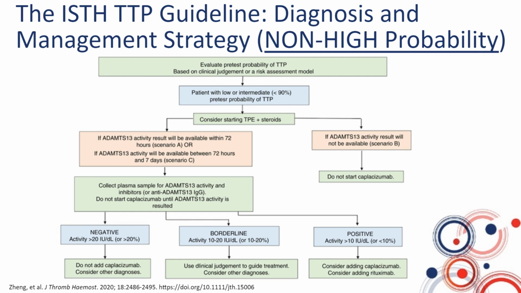If the level of ADAMTS13 is low, then you are allowed to add caplacizumab to the treatment that I was mentioning. But if you are in a center that there is no possibility to have ADAMTS13 in your center, or even with the help of any centralized lab that could get a sample back and its result back, then you do not start the caplacizumab treatment.